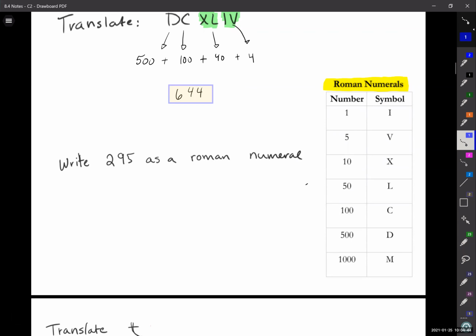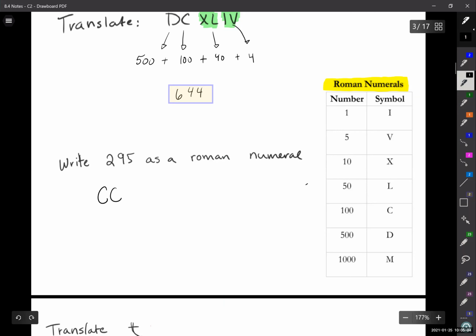Just take 10 away from 100. I think I heard somebody else say, right? Good. So the 200, that's just 2 100s. The 90 comes from taking a 10 away from 100, so I'm going to have to write those out of order. And then the 5 is just by itself. So we'll say 200 is 2 C's.